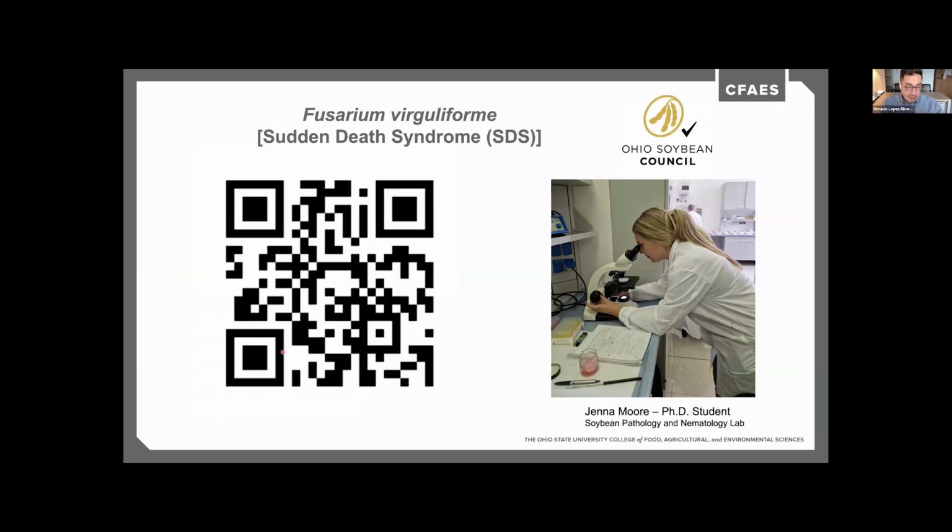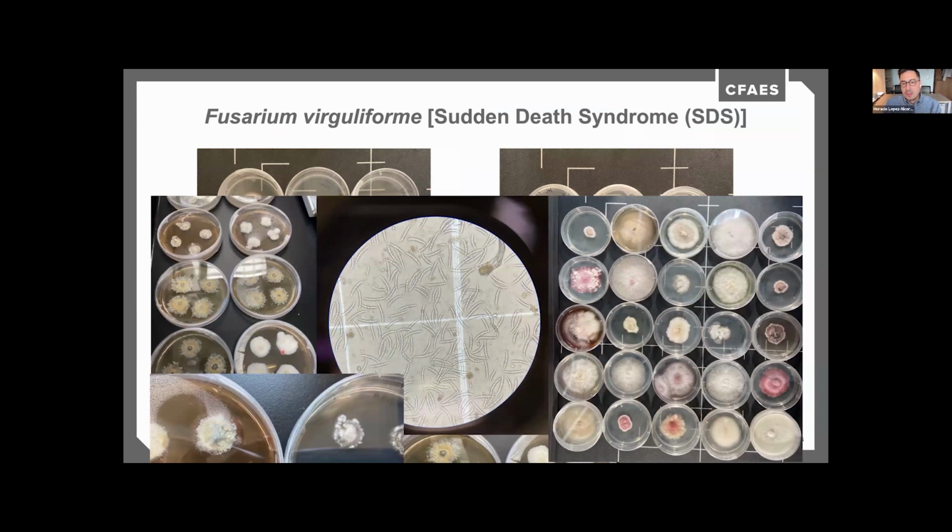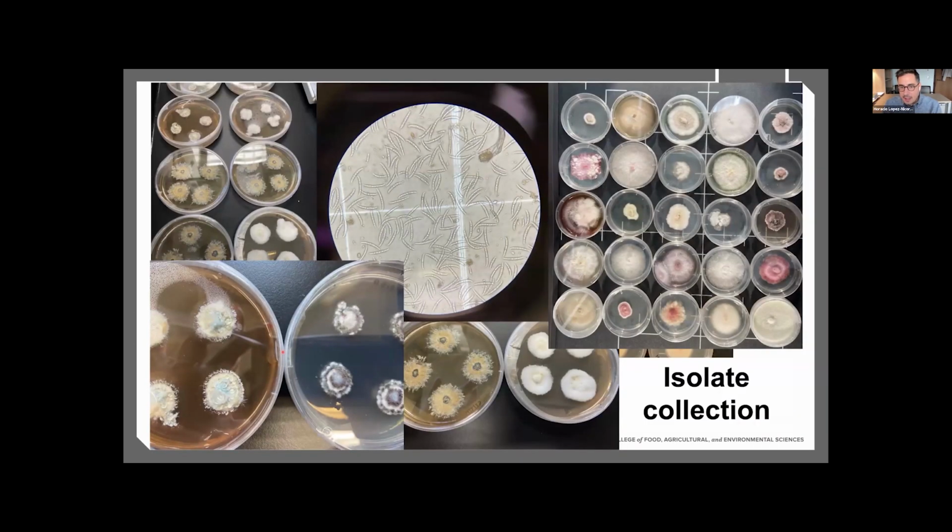Essentially, what we're doing, several objectives, and everything is related to different planting dates and when these fields were planted and conditions at planting, but essentially growing these different Fusarium that we're retrieving from plants that are showing SDS. And so much diversity we're finding.